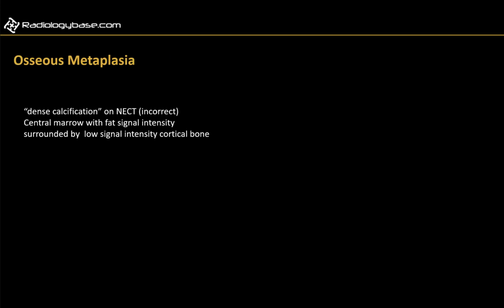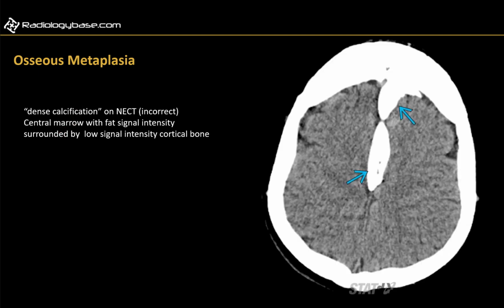The second cause is going to be osseous metaplasia, which is also seen as dense calcification on non-enhanced CT, which you can appreciate in the midline. But what is different is that in the central part of these calcifications, you see fat signal areas predominantly surrounded by low signal intensity cortical bone on MRI.